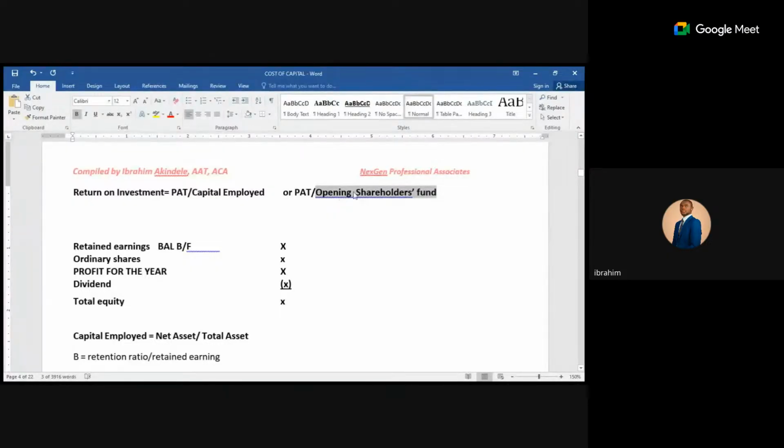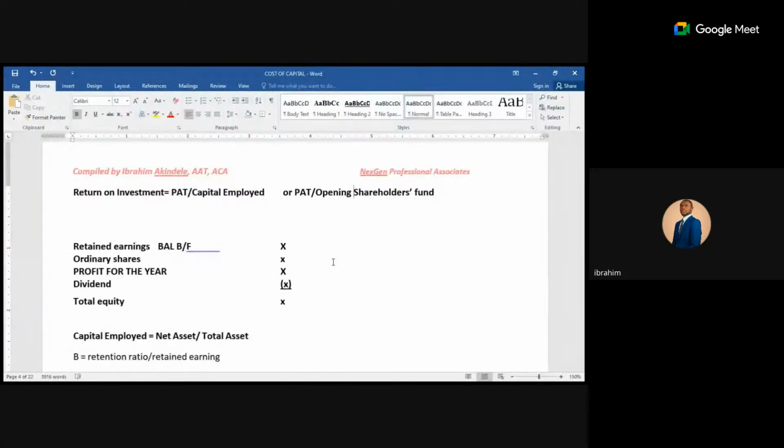But because the formula says opening shareholders funds, what does opening shareholders fund mean? This should be what you pick, because you will see something like this in the financial statement. Now, don't forget, the capital employed could be net asset, total asset, or equity. For the purpose of the cost of capital, it is profit after tax divided by opening shareholders fund. Your opening shareholders fund is your equity, your total equity.